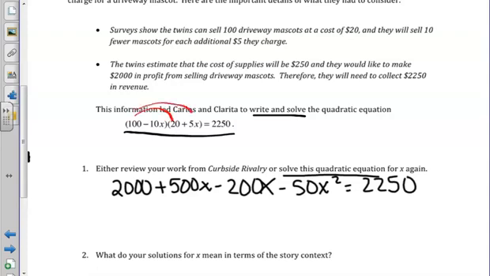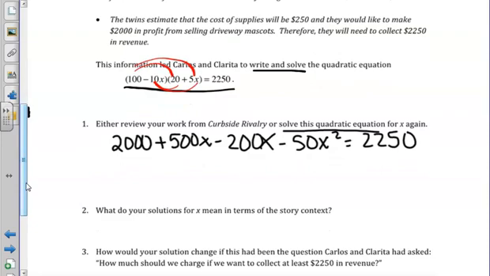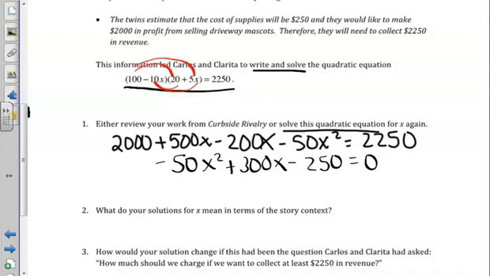We do have to distribute each of these values, and we will get 2,000 plus 500x minus 200x minus 50x squared equals 2250. If we recall from our previous lesson, we do need to combine like terms and bring over the 2250 so we get 0 on one side. When we did that in our prior lesson, we got 50x squared plus 300x minus 250 equals 0.